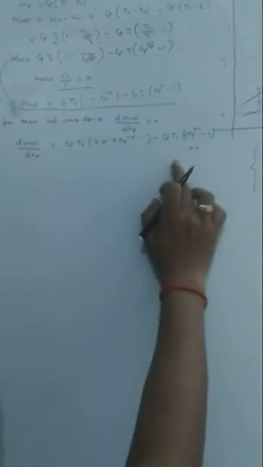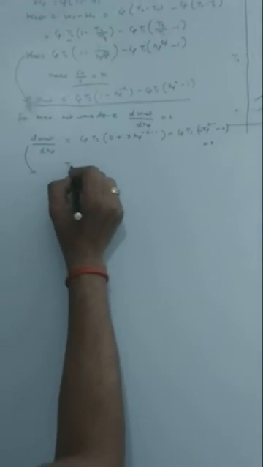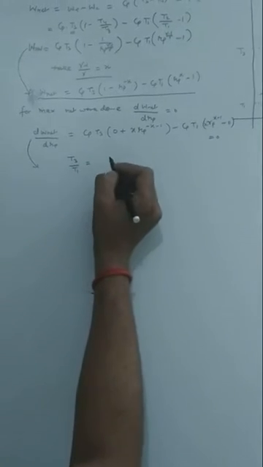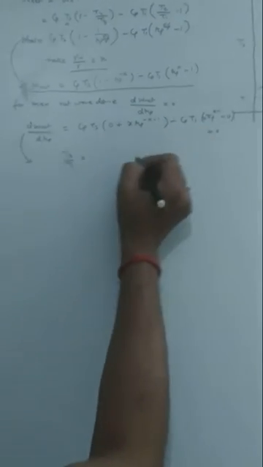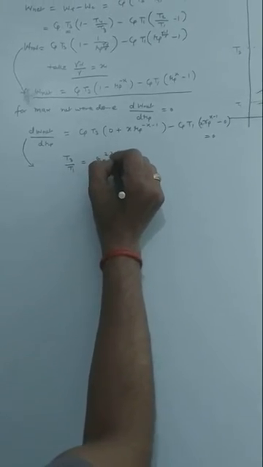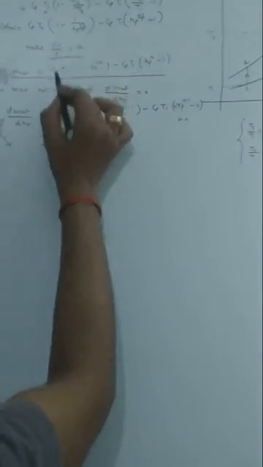Now equating this as 0, from there we get T3 by T1 is equal to Rp to the power 2x. Now put the value of x as gamma minus 1 over gamma.